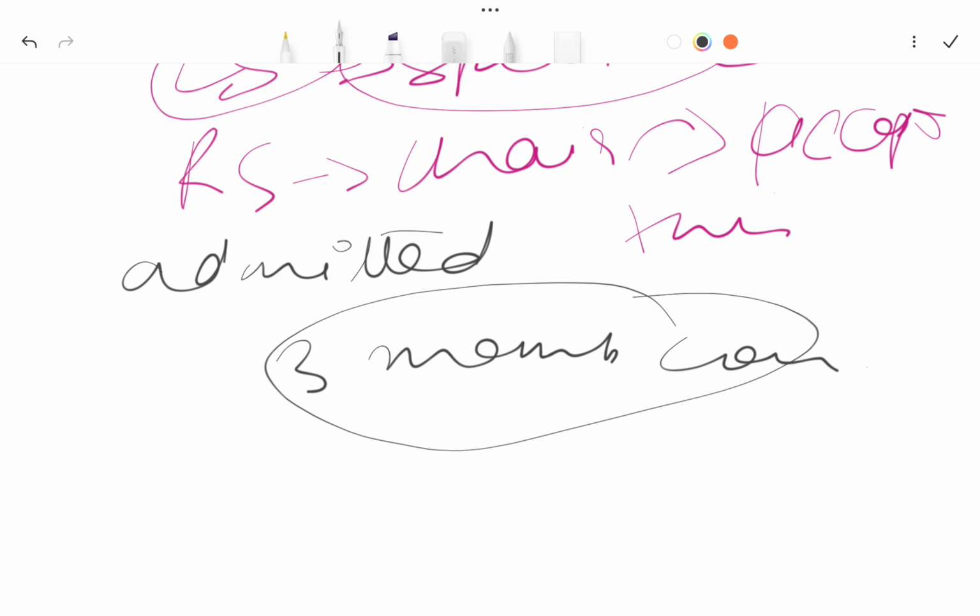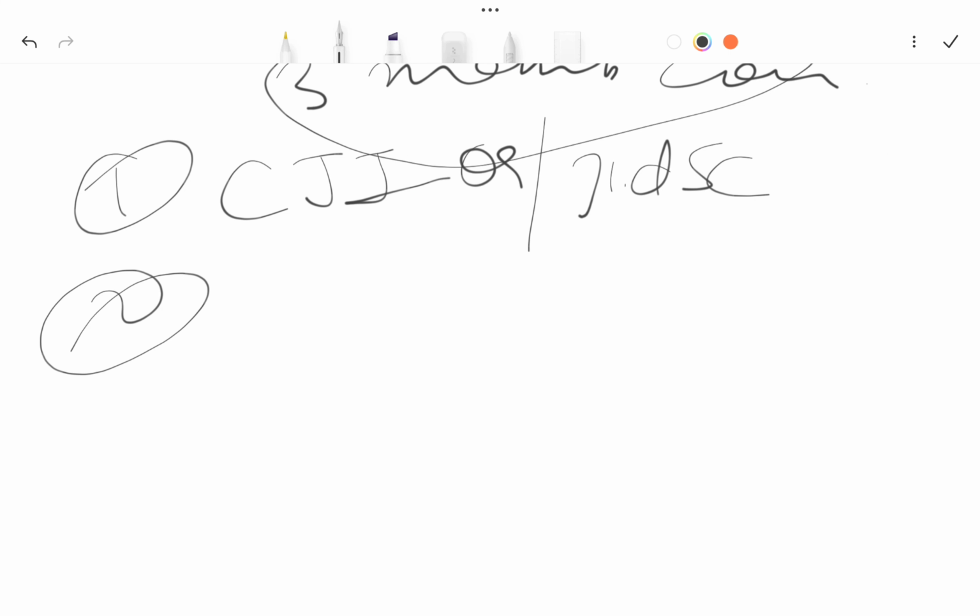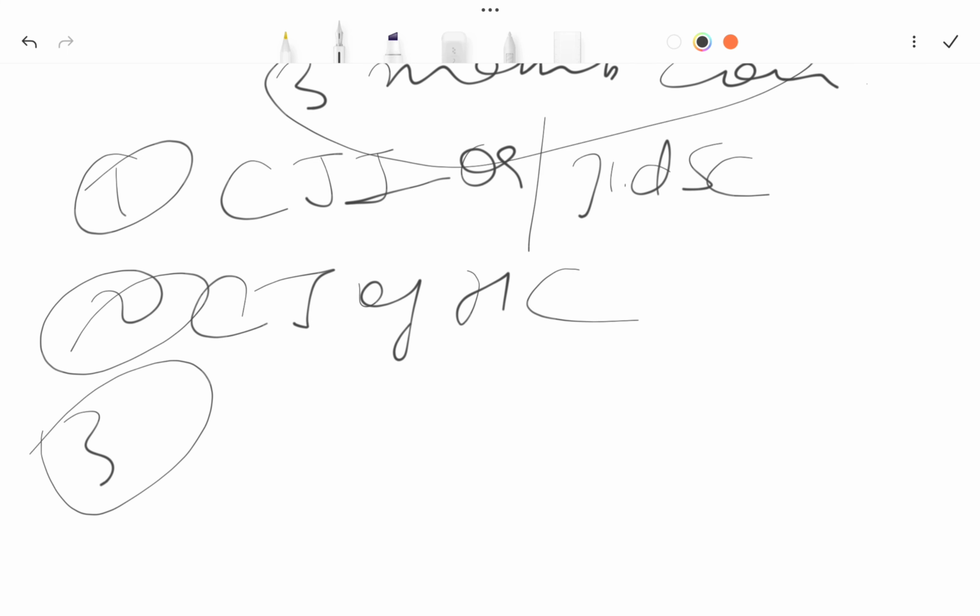And who are those 3 members? The first member is the Chief Justice of India or any judge of the Supreme Court. The second is the Chief Justice of a High Court, and the third is an eminent jurist. Who is an eminent jurist?